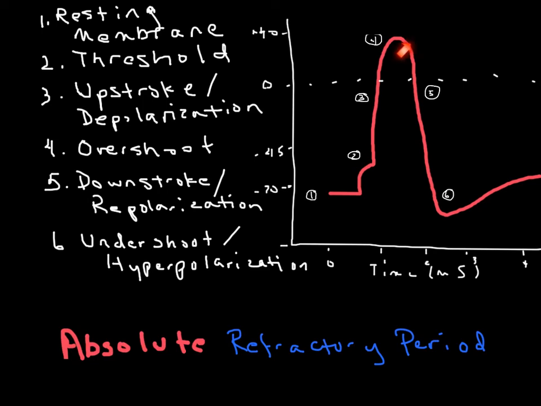And because the sodium channels that have been inactivated here cannot be reactivated for a certain period of time, also contributing to this hyperpolarization, we call this the absolute refractory period, such that no action potential can be generated until those sodium channels are reactivated.